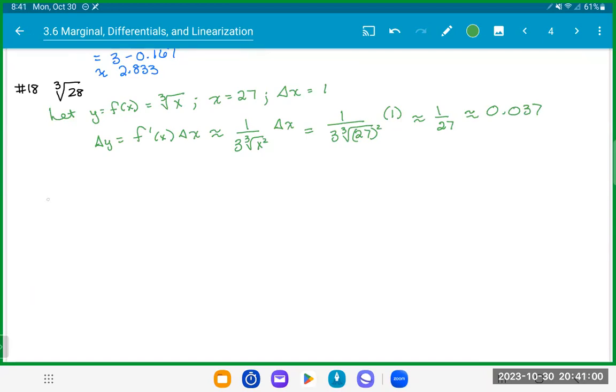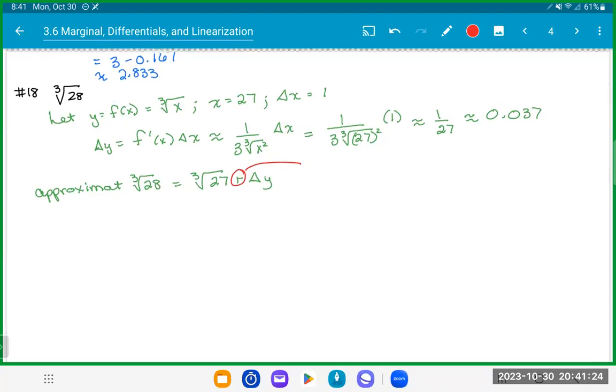Now we want to approximate the cube root of 28. Okay. And that is equal to the cube root of 27 plus delta y. So like I gave you guys earlier, I'm going to write it in the same way.